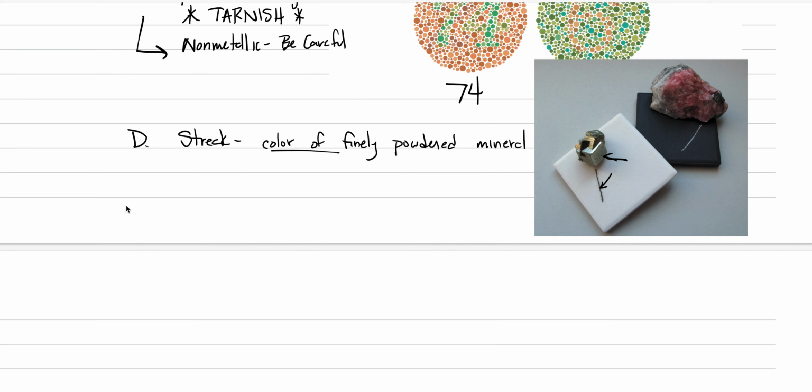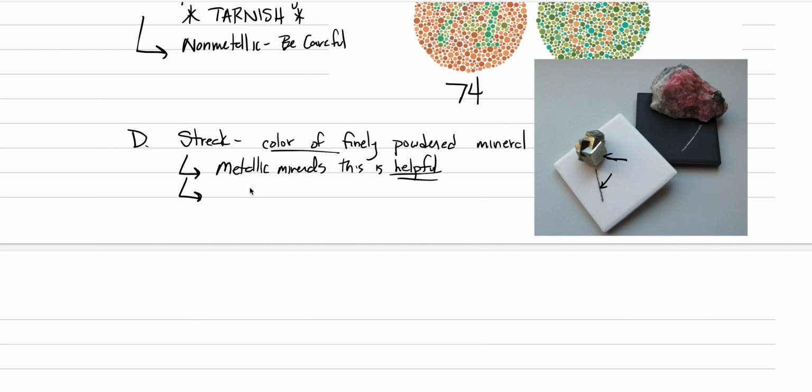So a couple rules of thumb with streak. For metallic minerals, this is helpful, a great tool for identifying unknown metallic minerals.